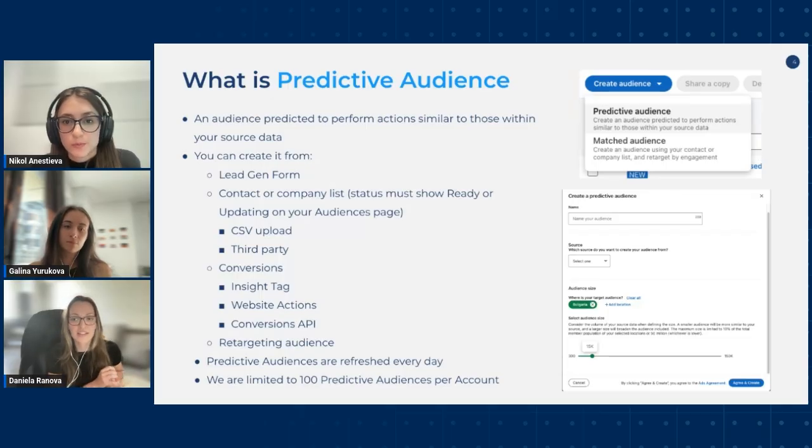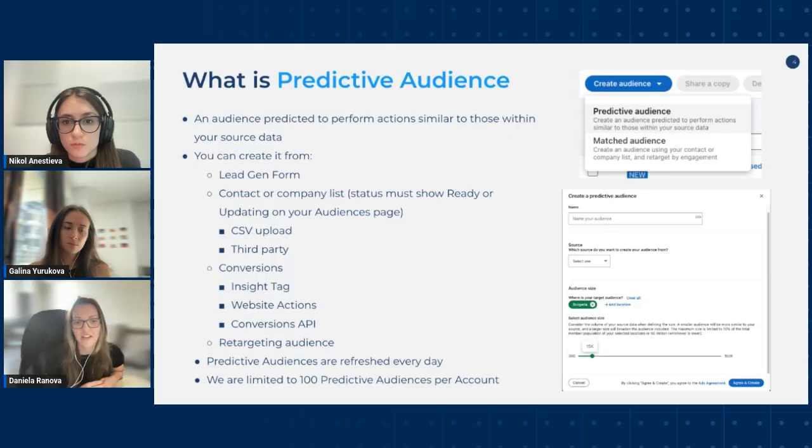So this list is actually refreshed every single day. So we provide a seed list, for example, from today, and then the next day, the predictive audience, the members, some of them would be filtered out, and some new members could be added as well.